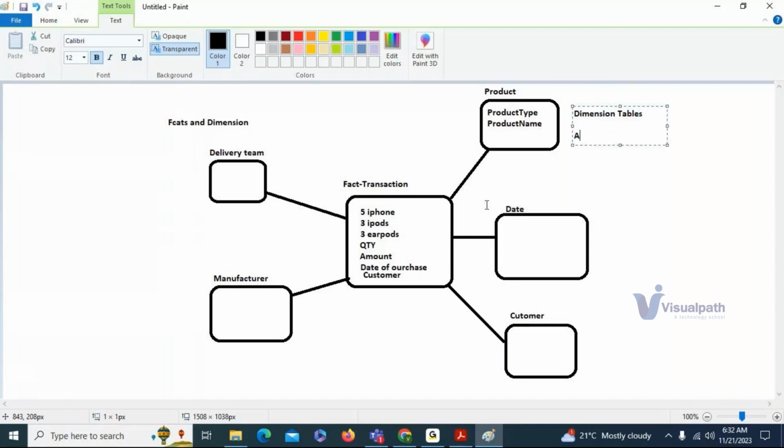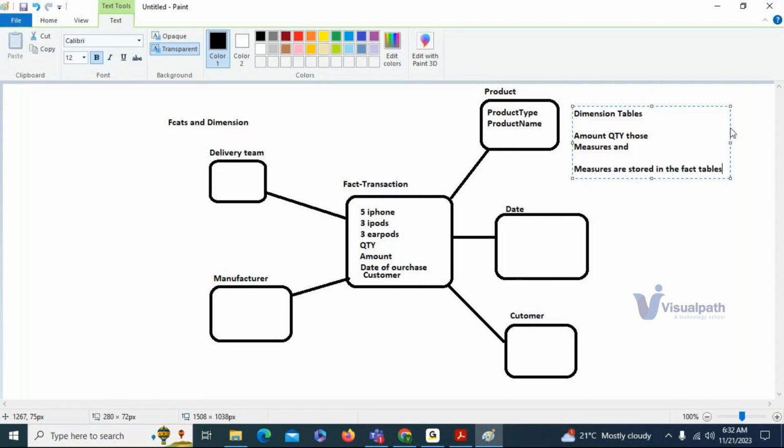If you look at the amount and the quantity, those can be sliced and diced based on other parameters. Those are measures, and measures are normally stored in the fact tables.